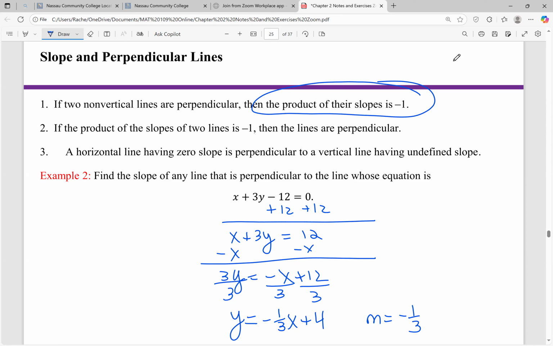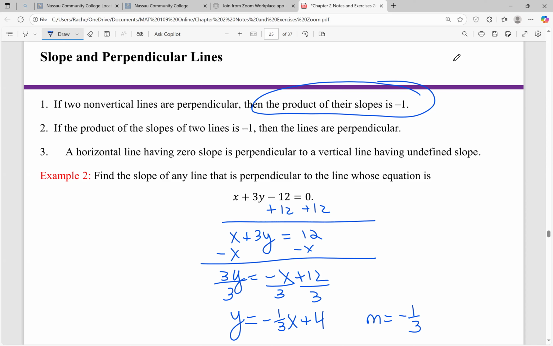Now, any line perpendicular to this line, y equals -1/3 x plus 4, is going to have a slope such that if I take the product of that slope and this slope, -1/3, we would get -1. So the trick is, take the negative reciprocal of the given slope, and that's going to be the slope of a perpendicular line.